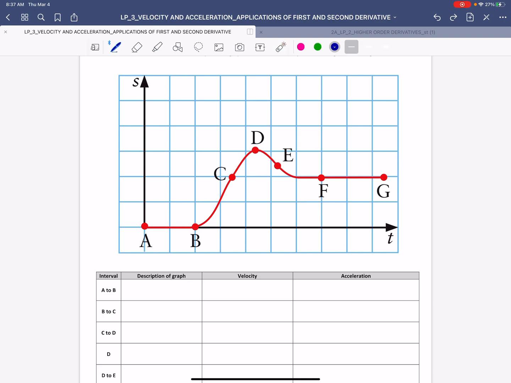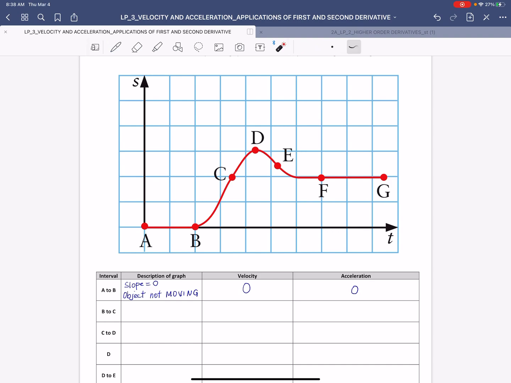So we'll say that slope equals 0 because it's a horizontal segment and the object is not moving. That means that the velocity is 0 and so is the acceleration.